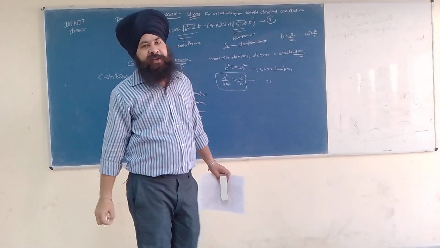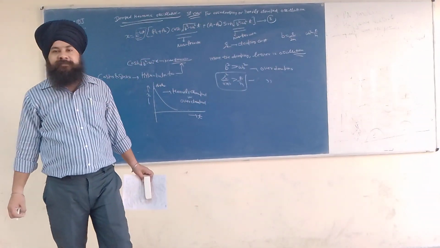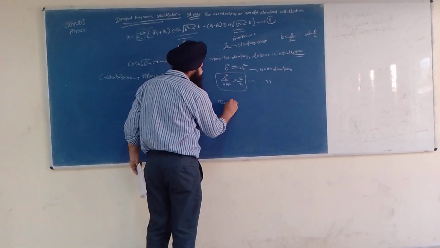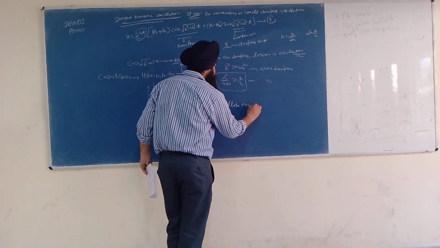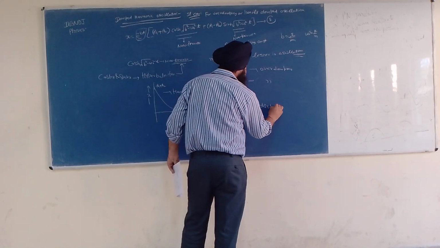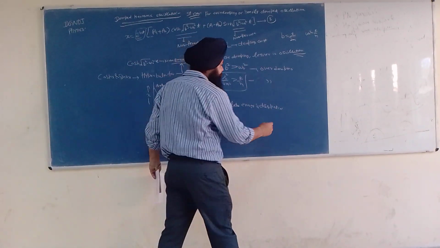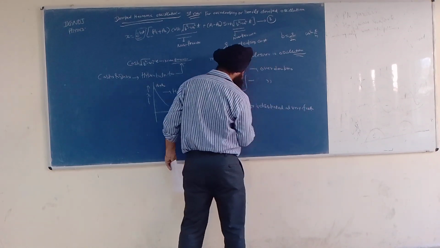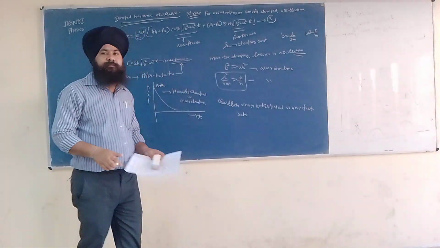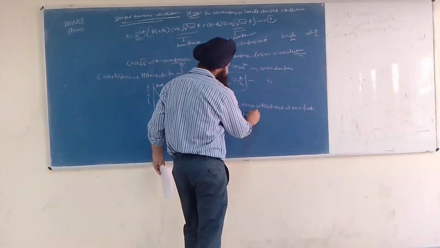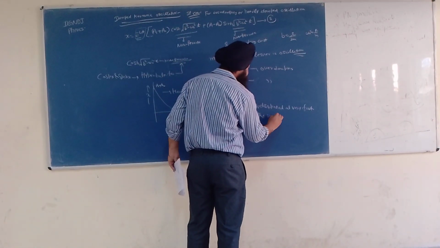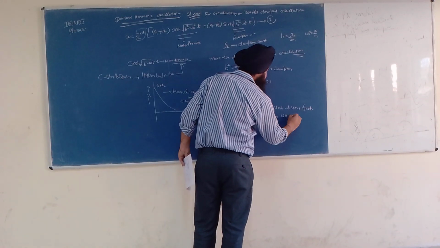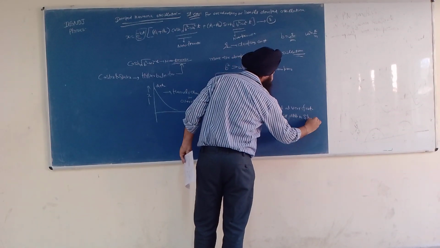X decreases exponentially, and the oscillator energy is dissipated at a very fast rate, so that motion will stop in a short time.